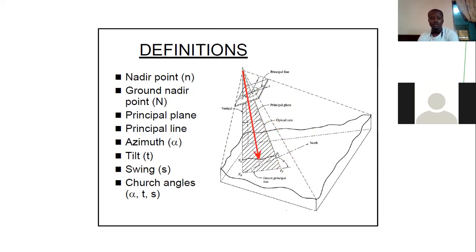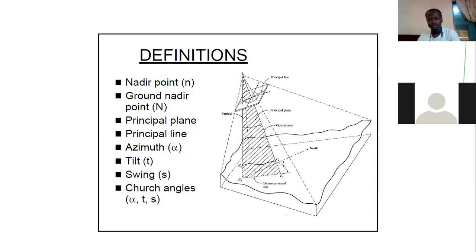And we can now look at the projection of the nadir point on the ground. That's NG. Then we have the projection of the principal point on the ground.